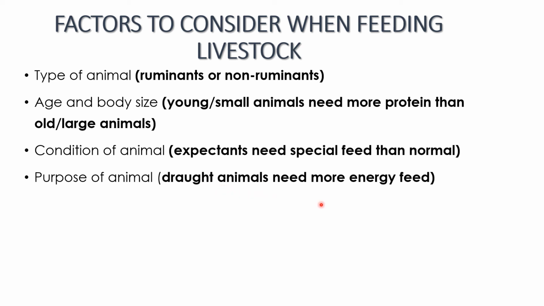Therefore, they also need to recover the energy from the feed. So definitely the animals which are there for draught will need the feedstuff which are rich in carbohydrates as much as possible to recover their energy.